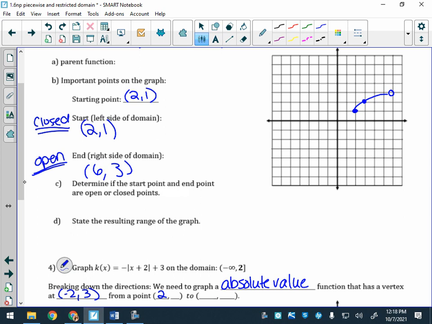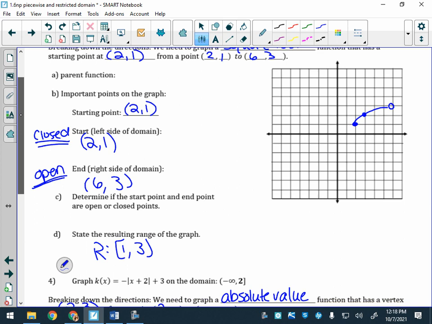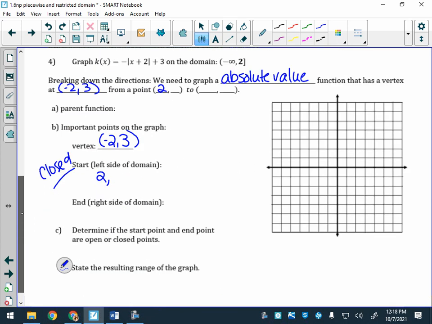Good. 1 comma 3. 1 has the bracket, 3 has the parenthesis. How many of you did get that for the third one? Good. Now the fourth one.